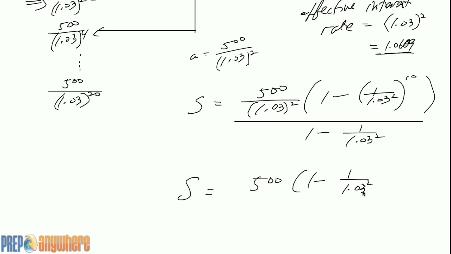And this actually becomes 20 down here. And we get 1.03 squared minus 1, which is going to be just 0.0609. So there you go.